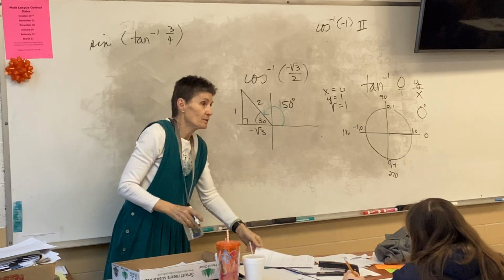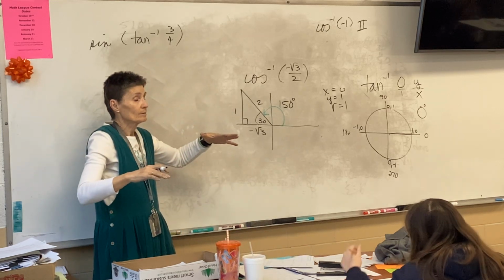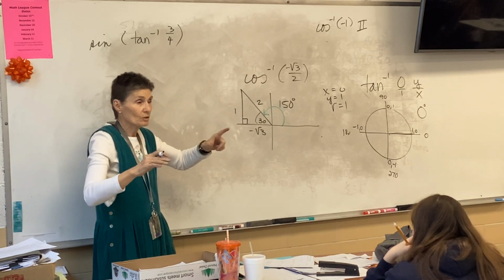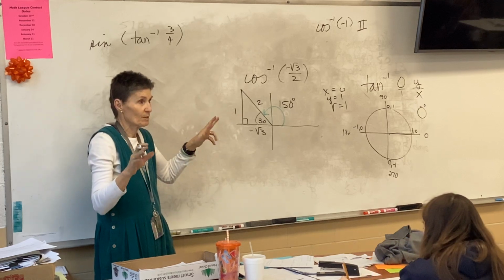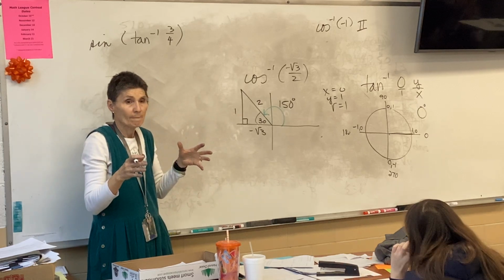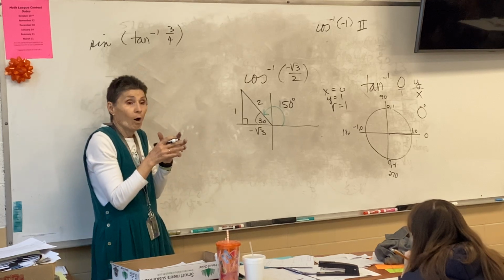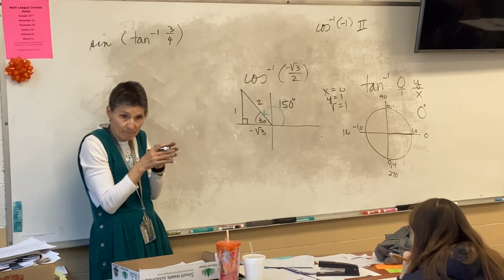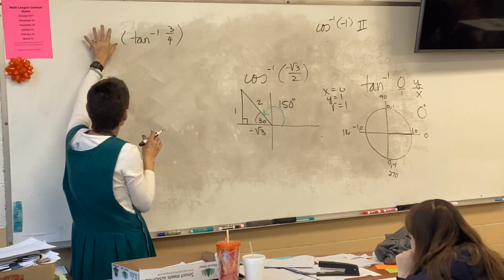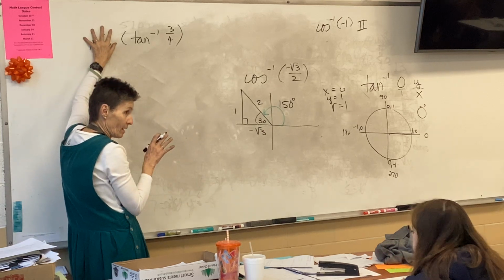All right, so I want you just to take a deep breath. This is actually easier than the ones we just did, but you have to do things in the right order. So you know, because of PEMDAS, that we always start inside the parentheses. So I'm going to cover that up so that it doesn't bother me.